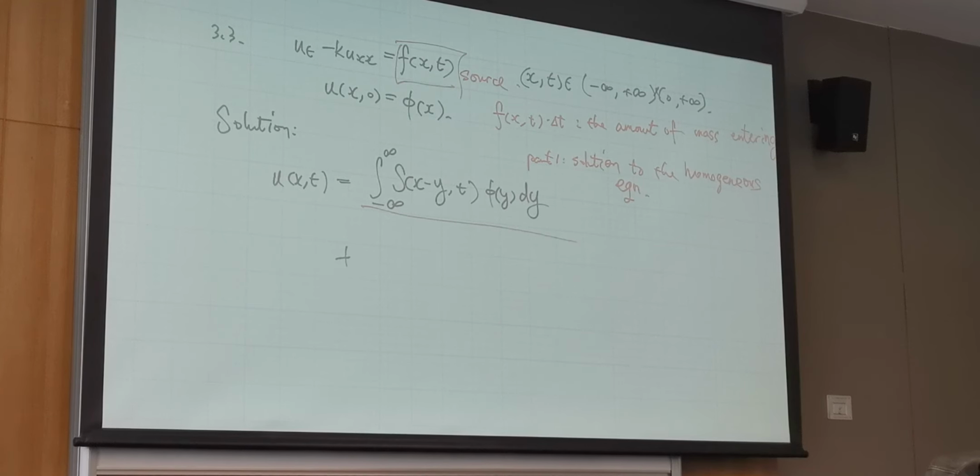But don't forget, there's also a part two: plus the integration from 0 to t, and then the integration from negative infinity to positive infinity, of S(x minus y, t minus s) f(y,s) dy ds. This is part two.